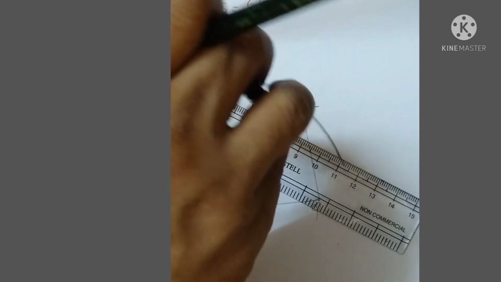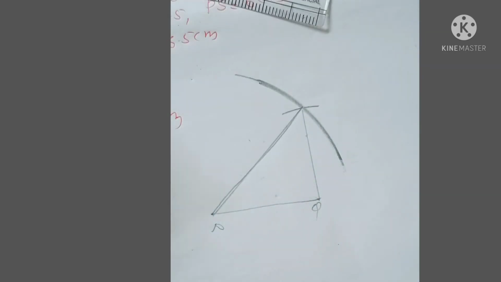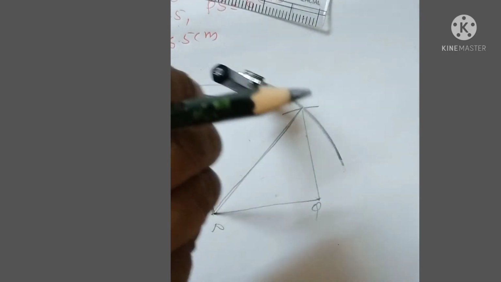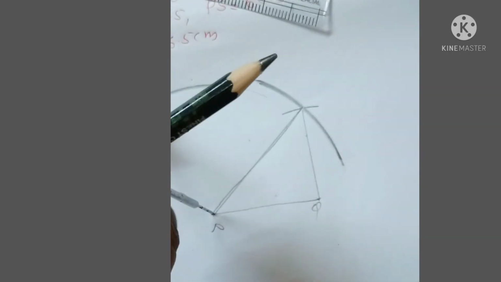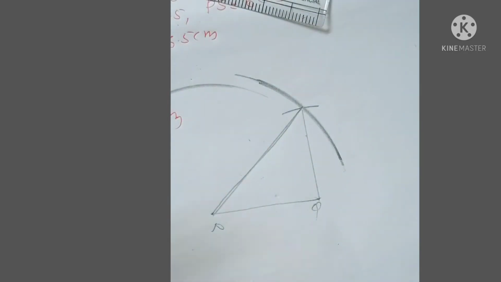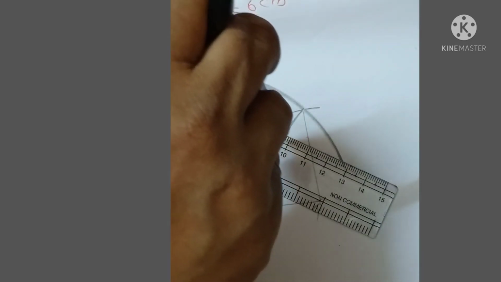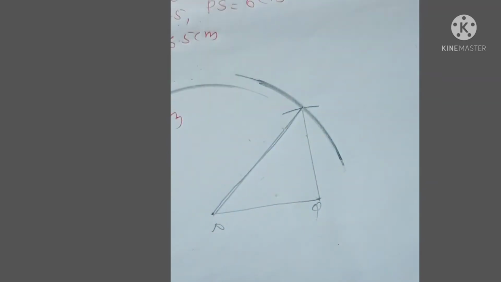So here from P draw an arc. Then from this point, this is representing the point R. From R I want to take 5.5 centimeter. So from 4, 5.5 means it is 9.5.